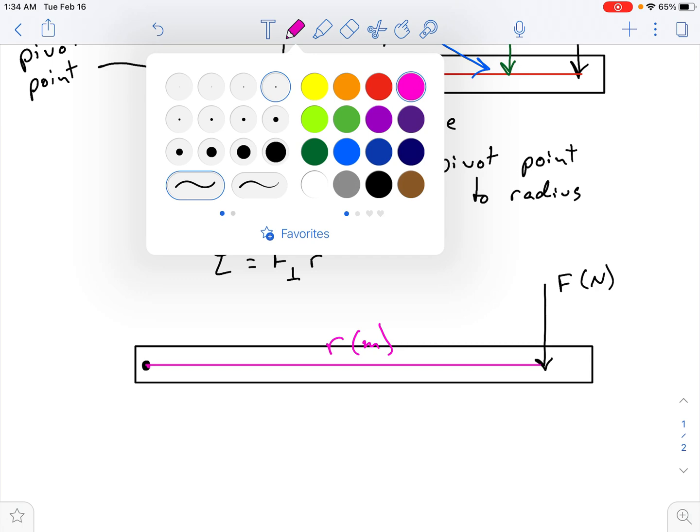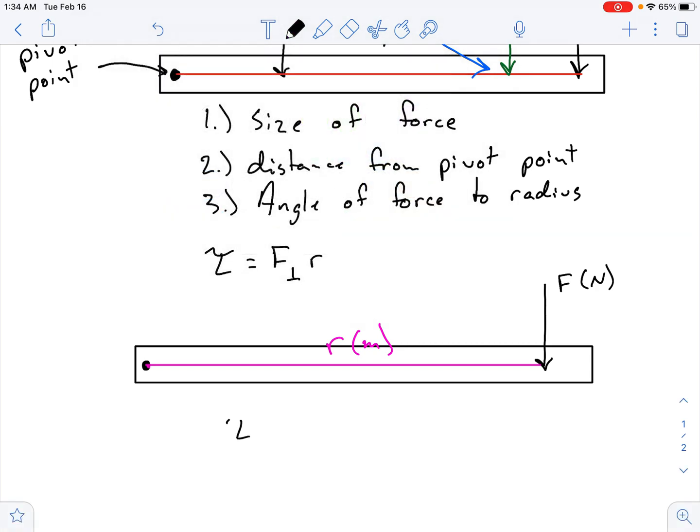So if I want to calculate my torque, it's going to be the amount of force perpendicular times R. Because force is measured in newtons and my radius is measured in meters, my units for torque is Newton meters.